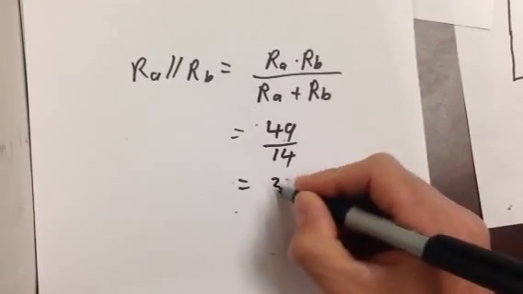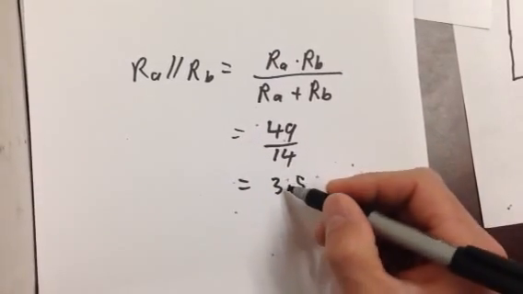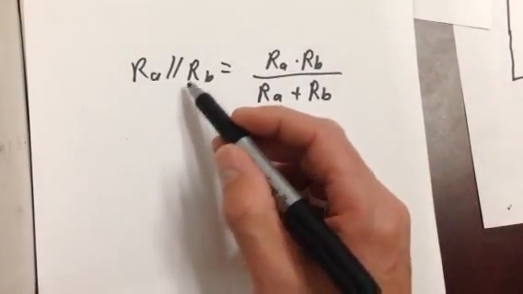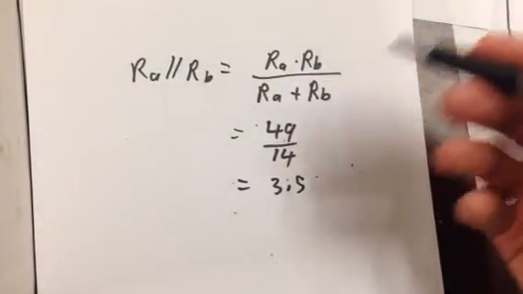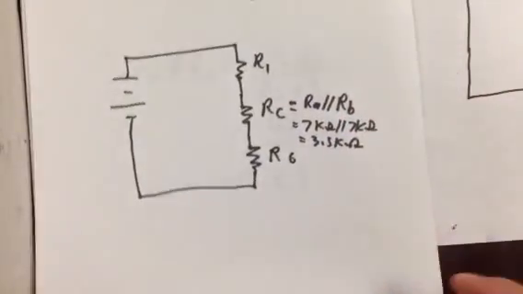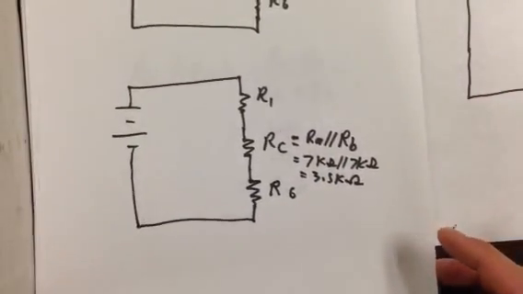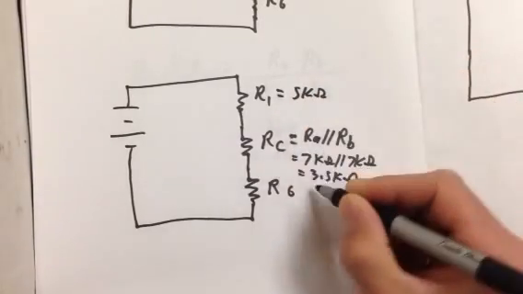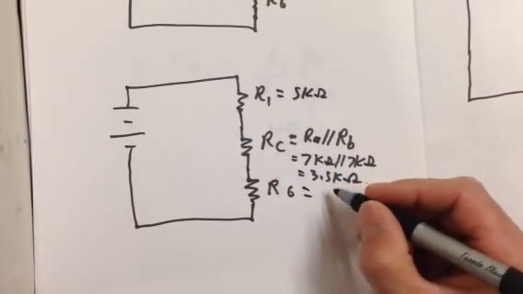And when you divide this out, you'll get 3.5. A neat shortcut is if RA and RB happen to be identical, the result is going to be half of one of them. That's how we can quickly go from 7 to 3.5. Okay, so R1 is still 5 kiloohms as it was in the beginning, and R6 is 1 kiloohm.